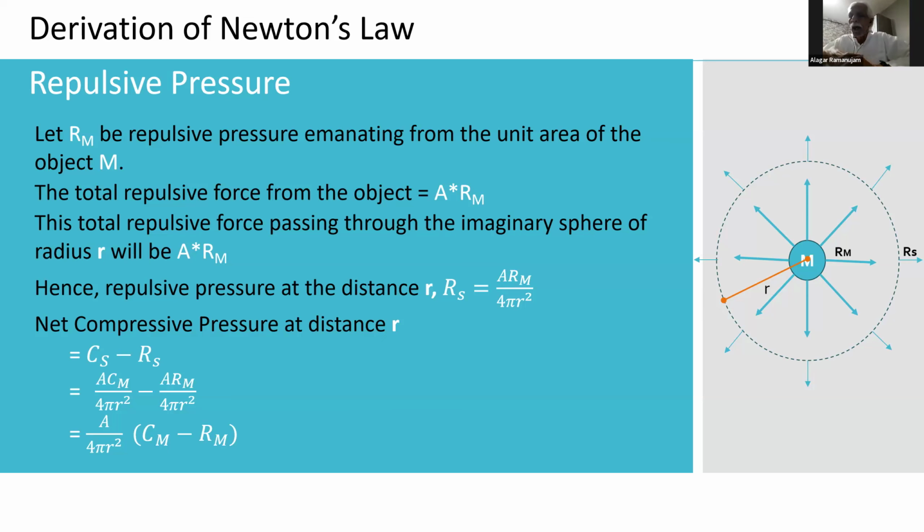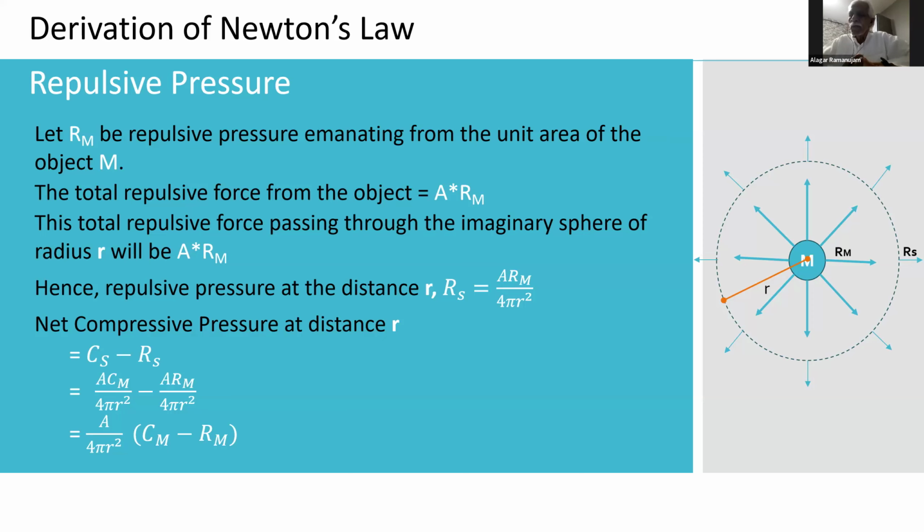So now, on the surface of the sphere, on the unit area, there is a compressive pressure due to space. There is a repulsive pressure due to the mass. Therefore, what is the net compressive pressure at a distance r? That will be Cs, the compressive pressure, minus Rs, the repulsive pressure.